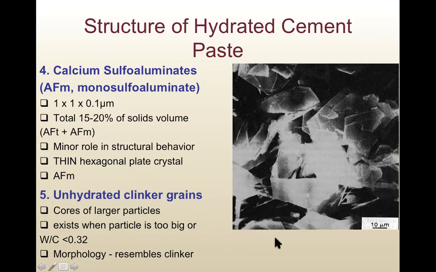All right. And the fifth material in hydrated cement paste is unhydrated clinker grains. So depending on situations such as the water cement ratio, if the water cement ratio is less than 0.32, we will have unhydrated clinker.